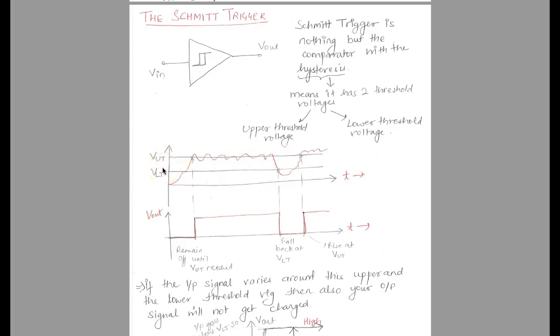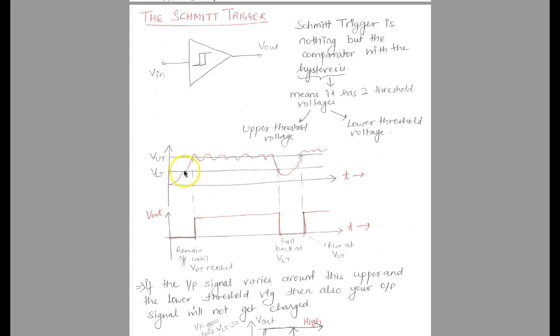If the signal reaches the upper threshold limit, and any signal going around this limit, this is my upper threshold voltage, then the output will remain on until the signal goes to the lower threshold limit. Only then will it change; otherwise, in between it will not change.